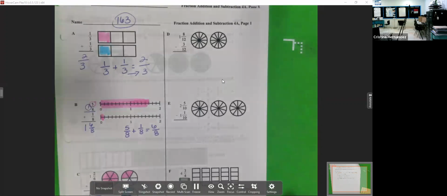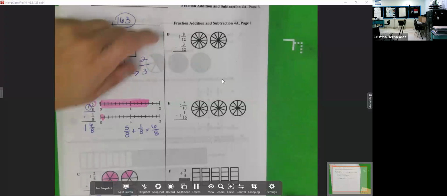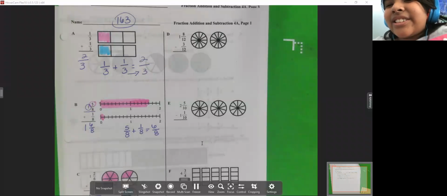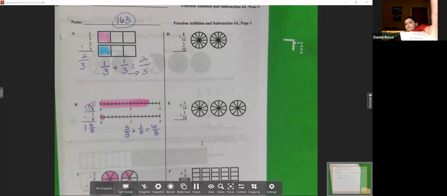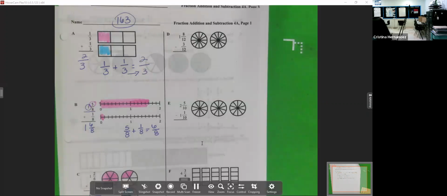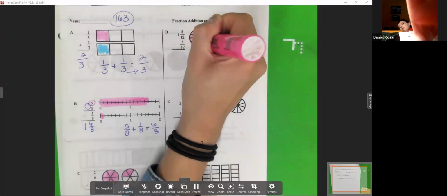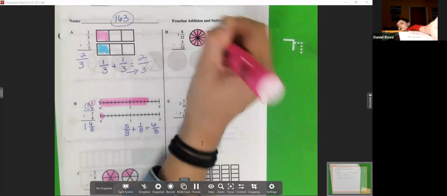All right. We're going to be subtracting here. How many wholes do I shade in? You shade in 1 whole. Okay, you are correct. Shade in 1 whole. And 8/12.